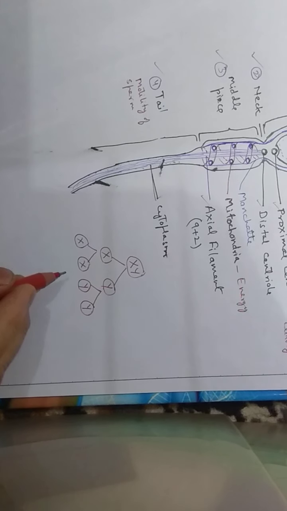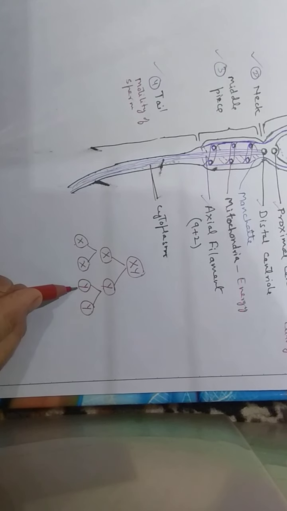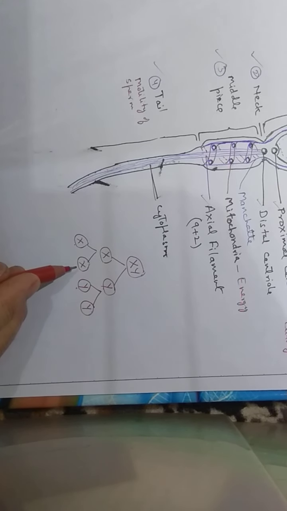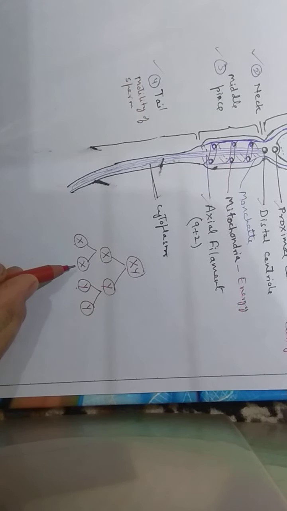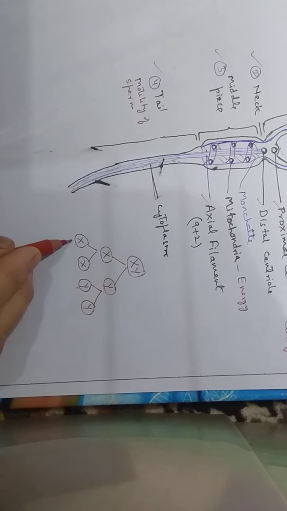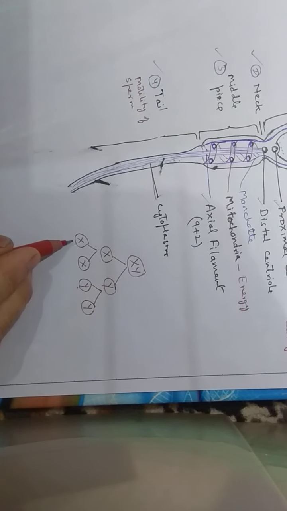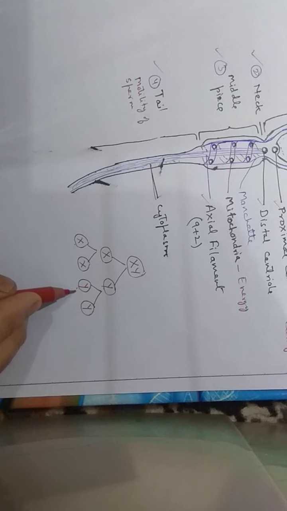The sperm that has X provides X, and when it fertilizes the ovum, the sex of the child is female, and if the sperm provides Y, the sex of the child is male.